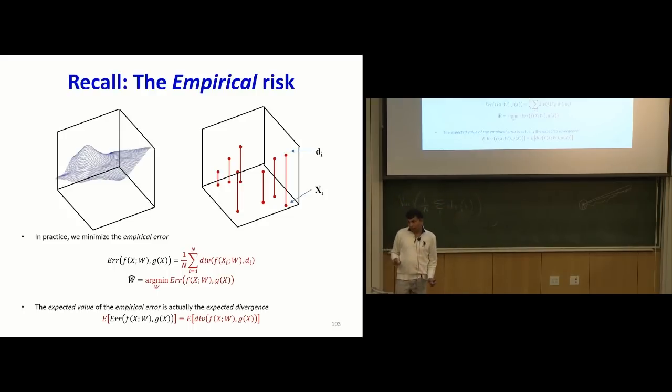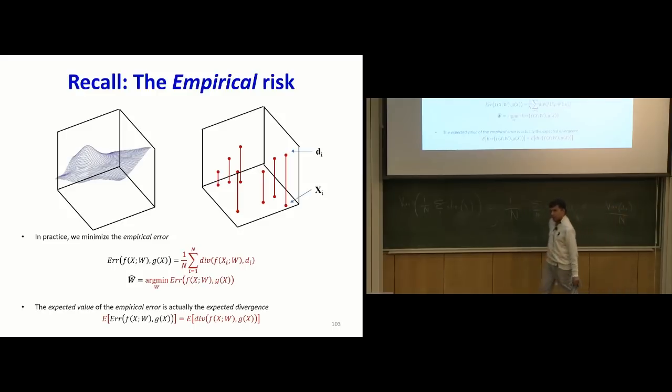If I think of all of my training instances as statistically independent, that's going to be 1 over n squared times the summation over n of the variance of the divergence, which is going to be the variance of the divergence over n.